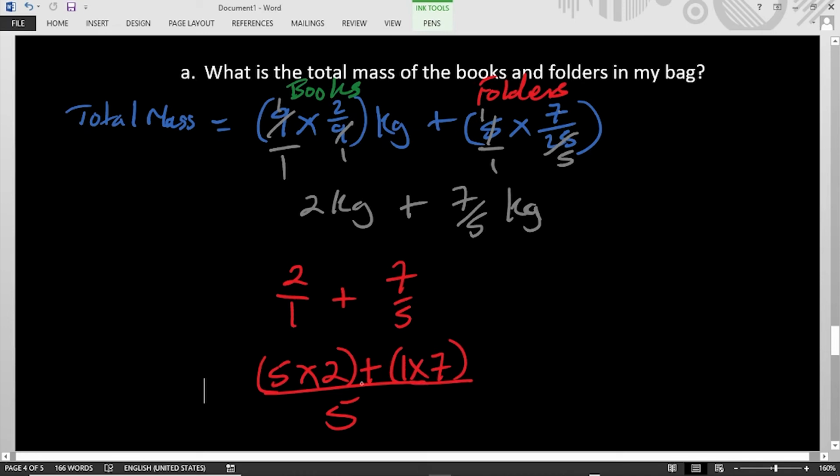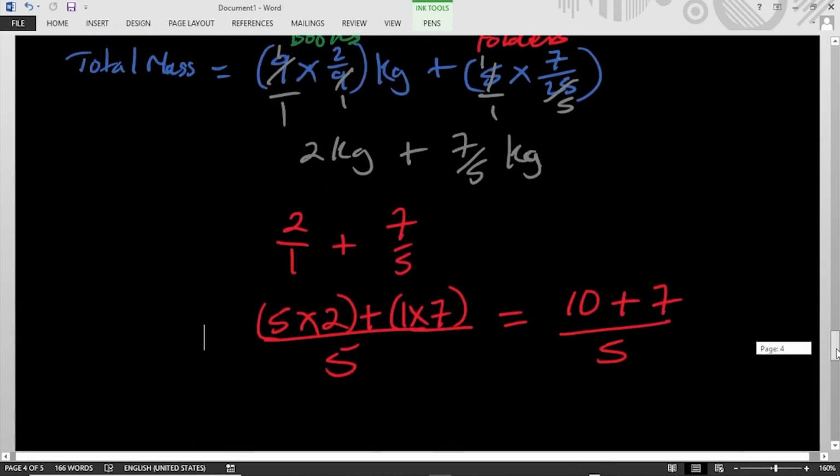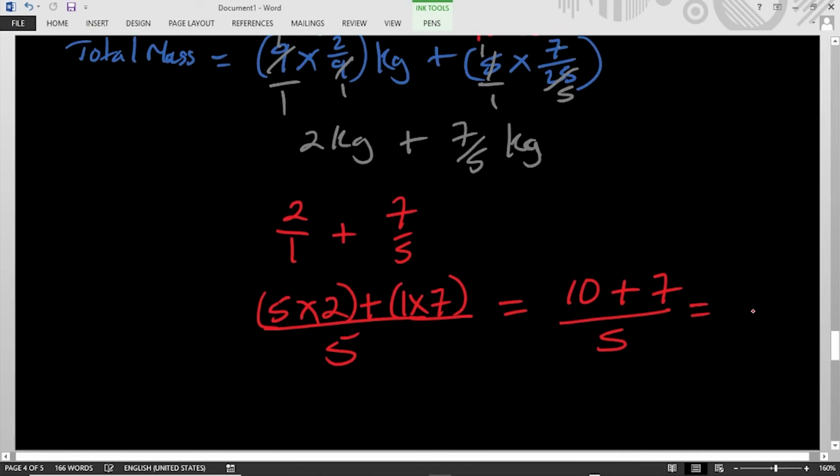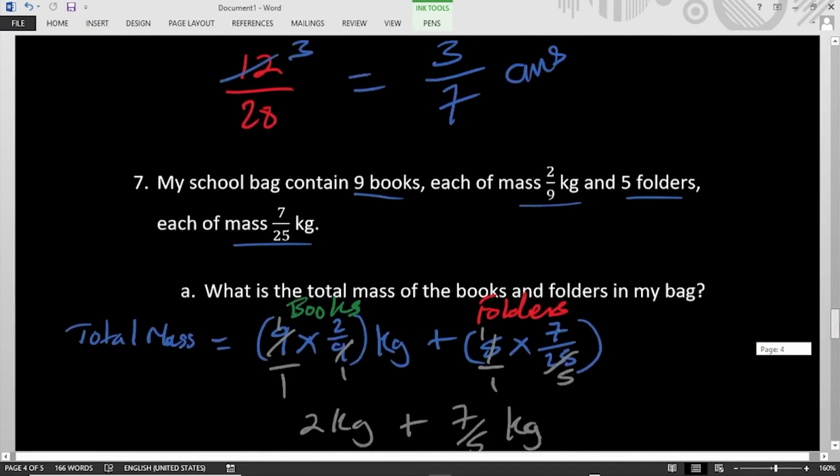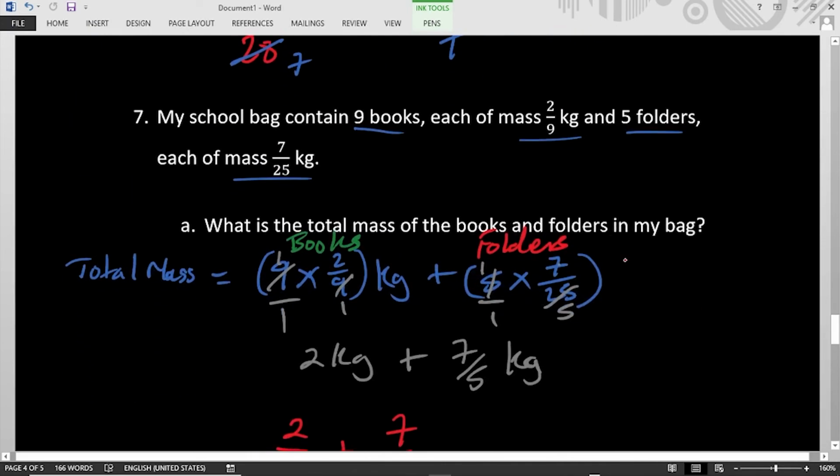So we get 5 times 2 is 10, plus 1 times 7 is 7, over 5. And 10 plus 7 is 17. So we get 17 over 5 kilograms. Right, that's the total mass of the books and folders in my bag.